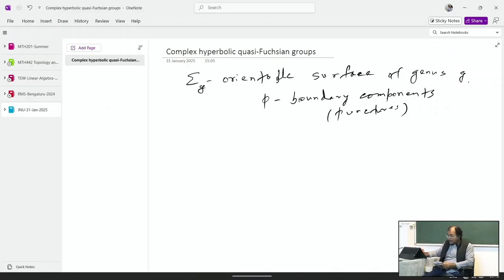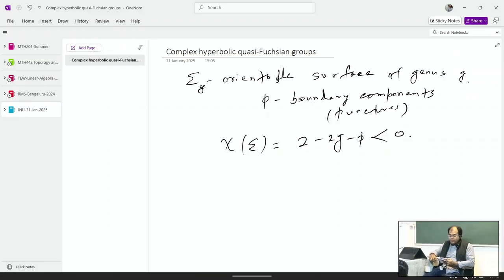Okay. So then what is the Euler characteristic of the surface? Have you seen that? No. So that is 2 minus 2g minus p, and you take it to be negative Euler characteristic. Because unless you take a surface with negative Euler characteristic, you will not have a hyperbolic structure there.